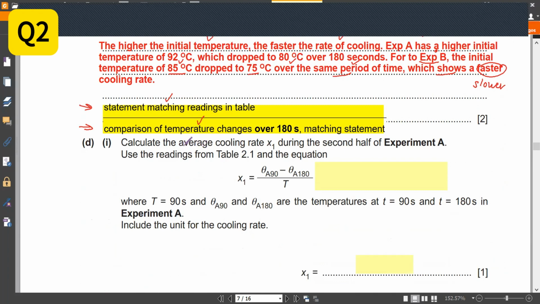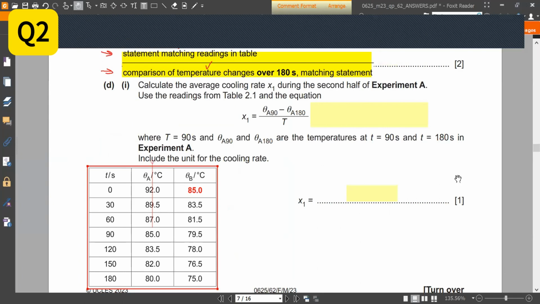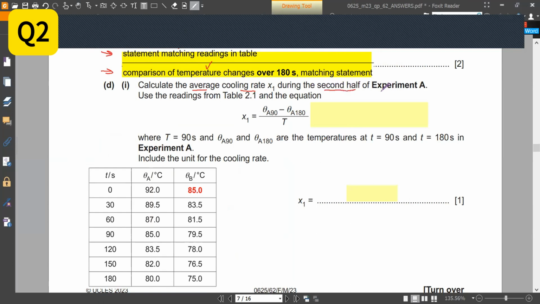Calculate the average cooling rate X1 during the second half of experiment A. So what I'll do, I will copy the table. We need to pay close attention to the question. What is it asking for? Calculate the average cooling rate X1 during the second half of experiment A. So we only want the second half of experiment A, from 90 seconds to 180 seconds.